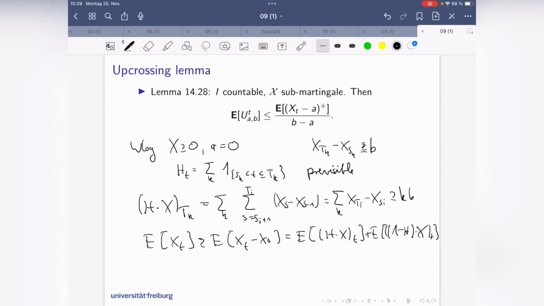And I can bound this from below by the expectation of h times x by time t. Sorry, no, that was the wrong argument. The right argument here is that 1 minus h times x, well, x is a martingale, and that's also a martingale as a stochastic integral. It starts with 0, so the expectation must also be 0.